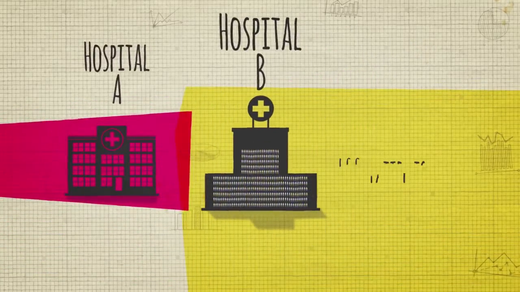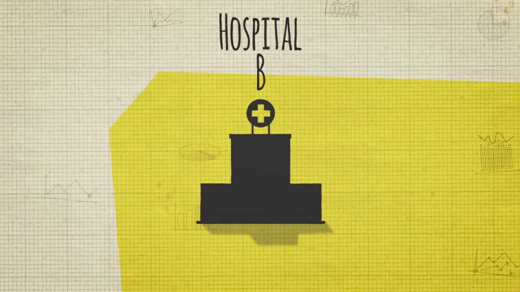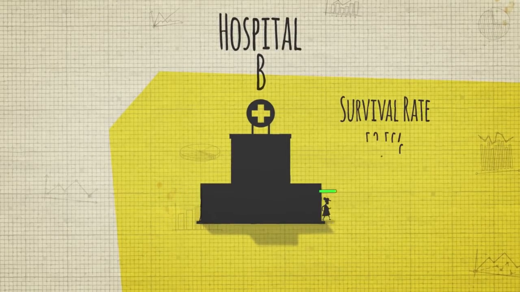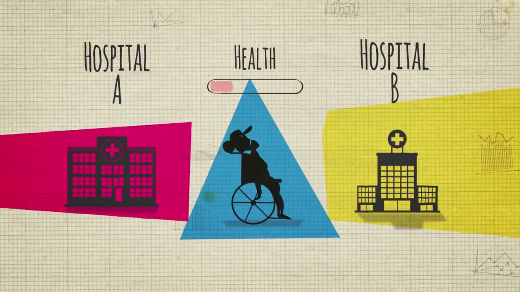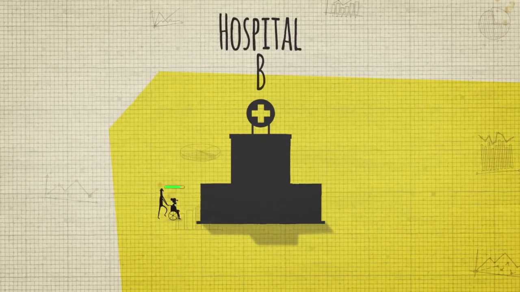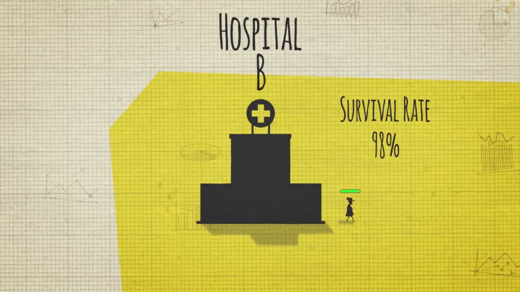But Hospital B had 400, and they were able to save 210. So Hospital B is the better choice for patients who arrive at hospital in poor health, with a survival rate of 52.5%. And what if your relative's health is good when she arrives at the hospital? Strangely enough, Hospital B is still the better choice, with a survival rate of over 98%.